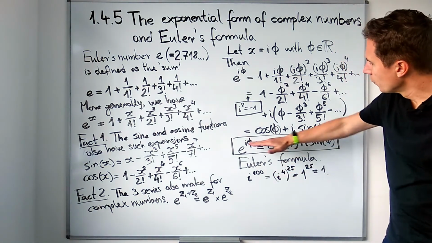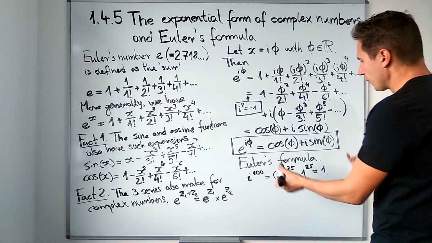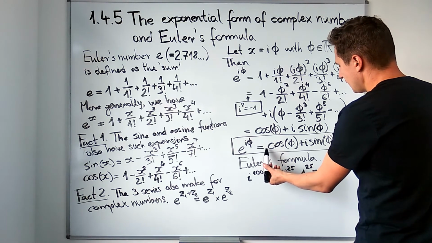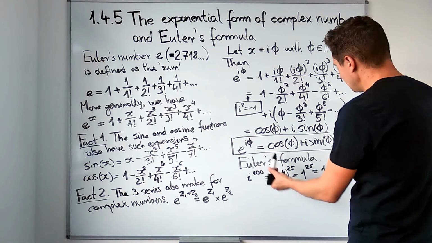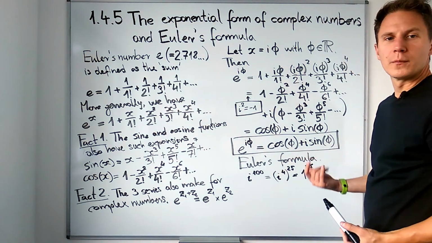Let's continue. So using Euler's formula, we can now realize something very important. We can realize that what we have on the right-hand side of Euler's formula is basically what we had in the polar form of complex numbers.